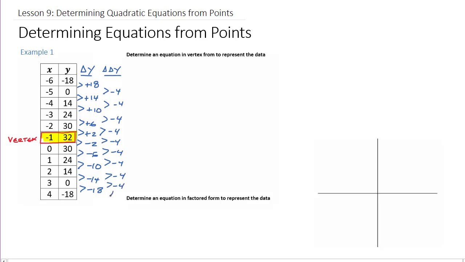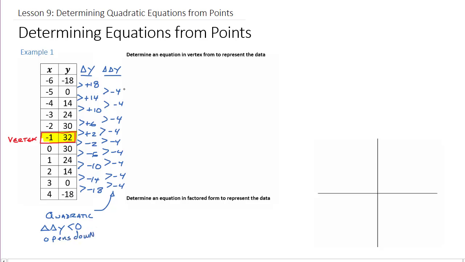So it's nonlinear, but it is quadratic because the second differences are constant. And the second differences are negative, which tells me that it's opening down. Since the change in y is less than 0, that tells me that it opens down. Okay, so there's a few little pieces of information we can pull out of this.